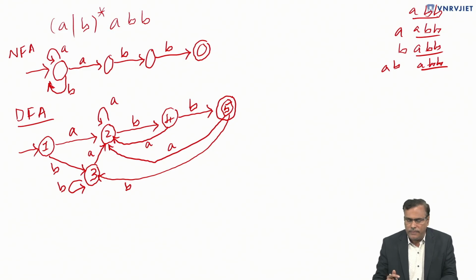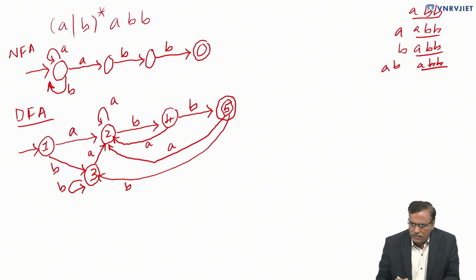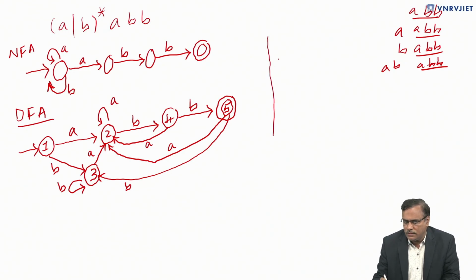Now first we can take the transition table of this DFA. The transition table of this DFA is this. The states are 1, 2, 3, 4, 5, and we know that 1 is the start state.